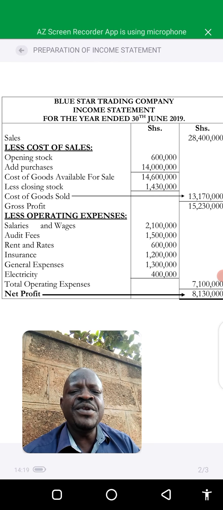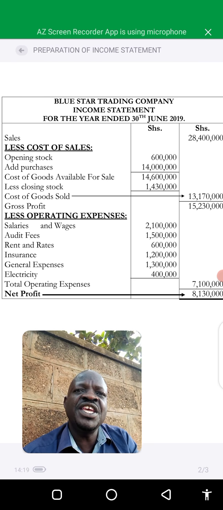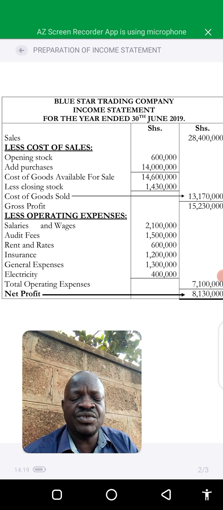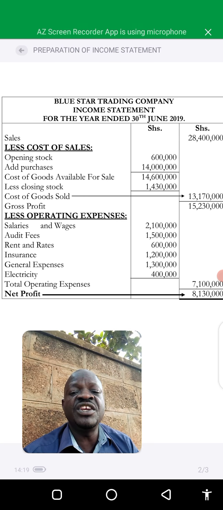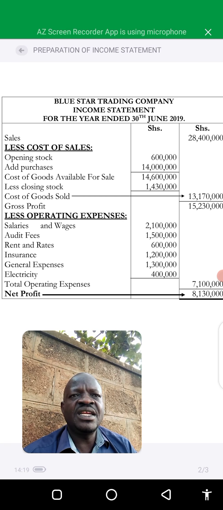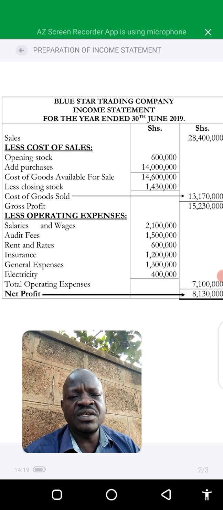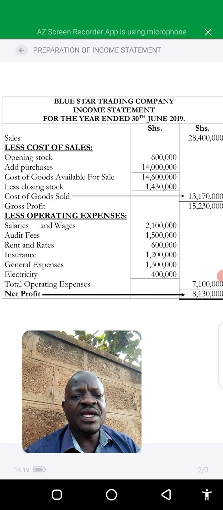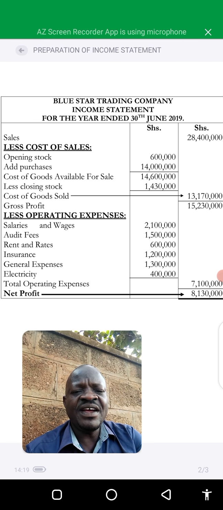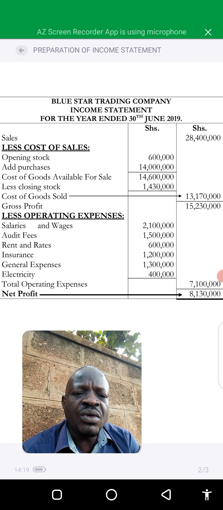We have electricity, insurance, rent, audit fees, and depreciation, because even the furniture or motor vehicles you are using are depreciating. They are losing value. General expenses, salaries, wages, you are paying the workers you have. All those are expenses you are going to incur. Therefore, as you incur these expenses, we have to remove them from the gross profit.